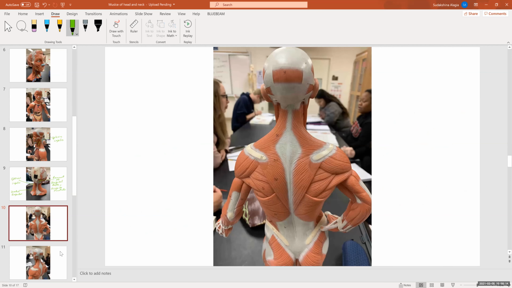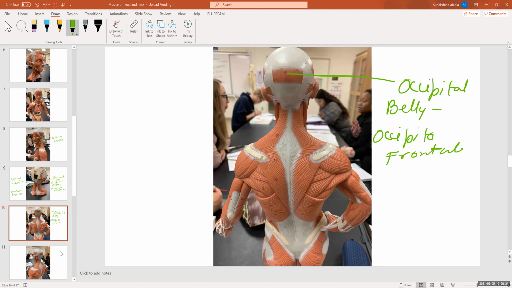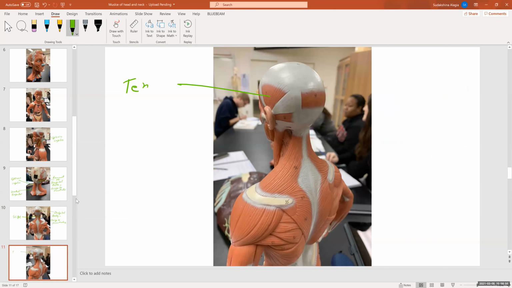Here you can see the occipital belly of occipitofrontalis. And you can also see the sternocleidomastoid here and here on both left and right. Same thing, you can see temporoparietalis.